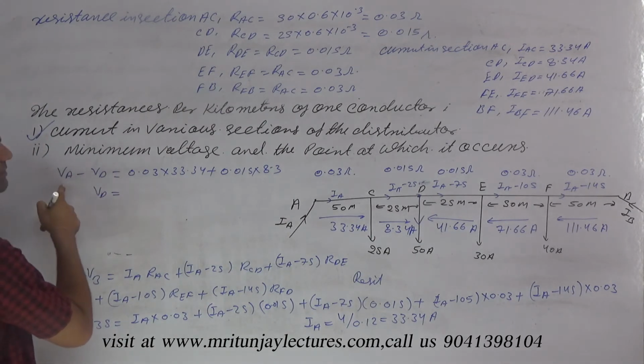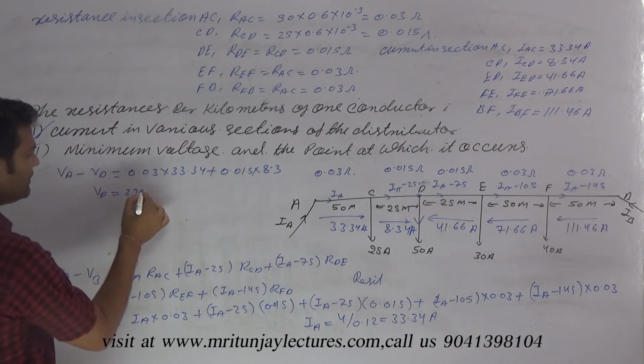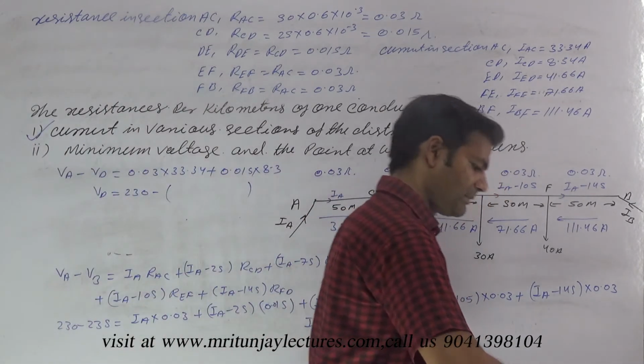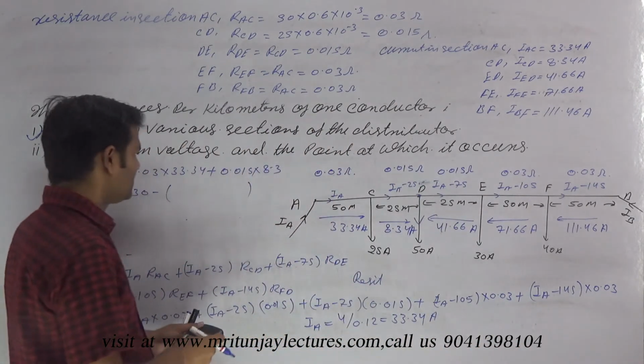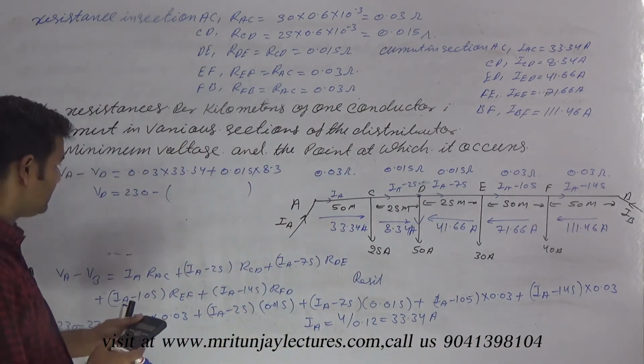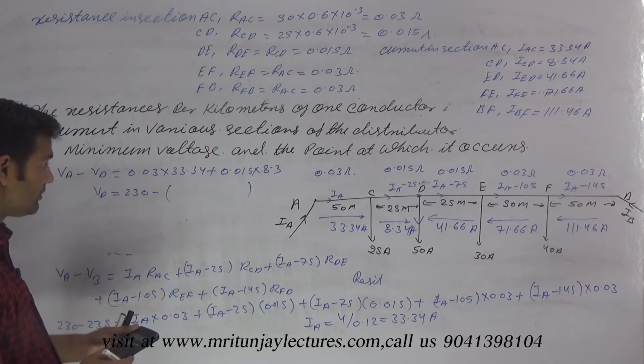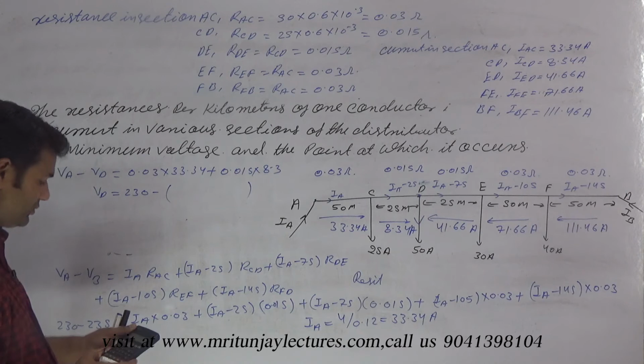What about VD? VD is equal to VA, which is 230, minus this voltage drop: 0.03 into 33.34 plus 0.015 into 8.3.